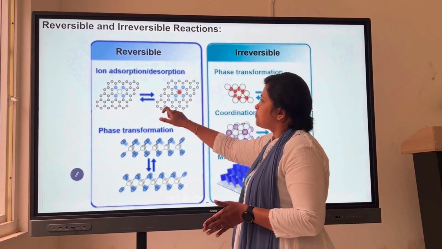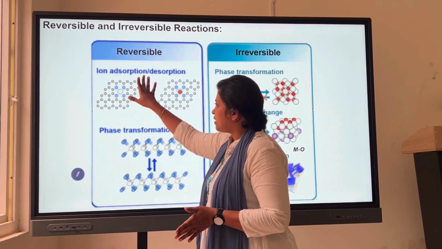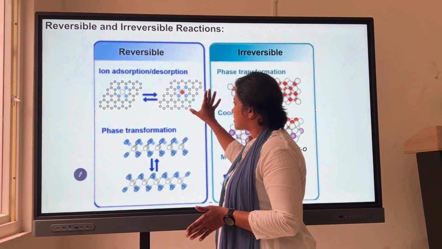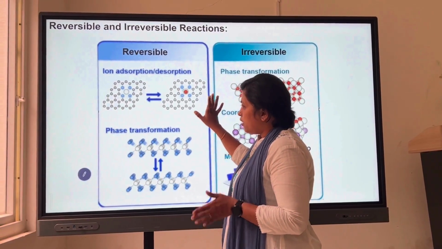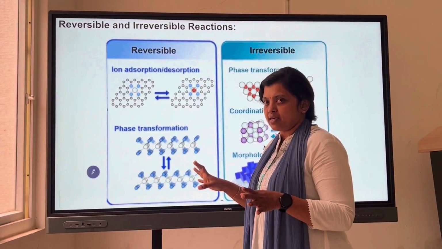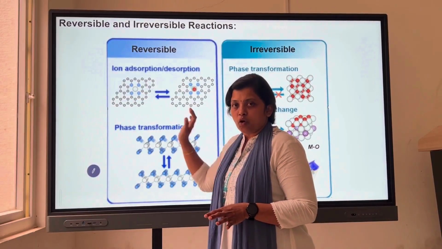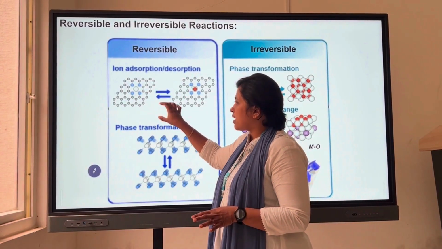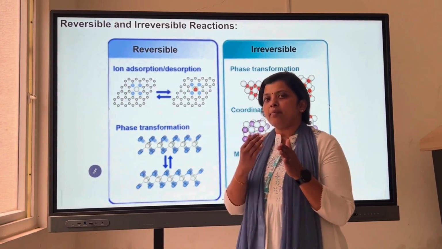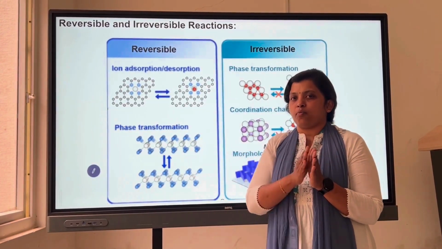See the example: this is your raw material, and after the particular reaction the product is like this. Then if we maintain the same kind of circumstances and environmental conditions, this product can again be converted into raw material. So these reactions are like carbon monoxide to carbon dioxide, then carbon dioxide to carbon monoxide.